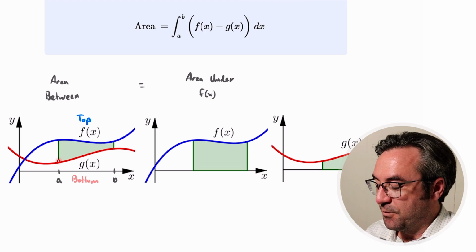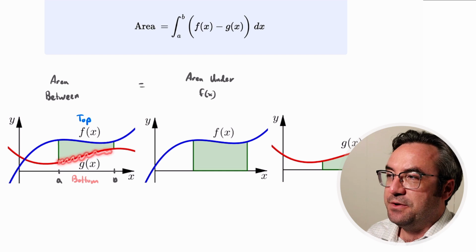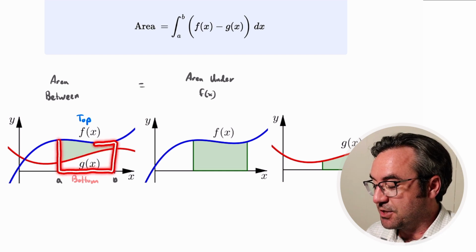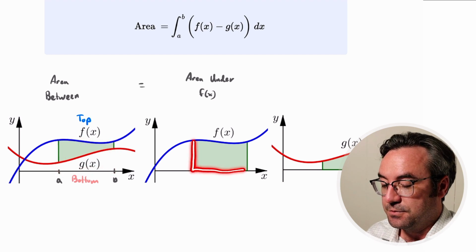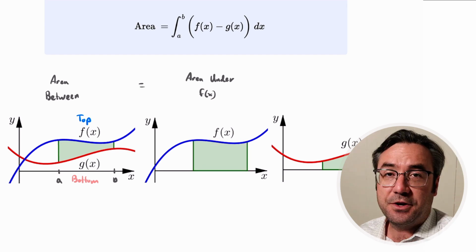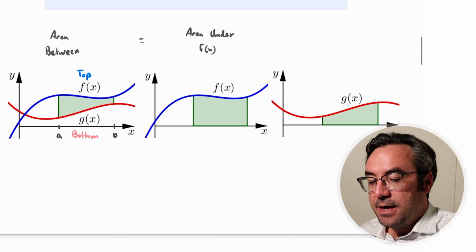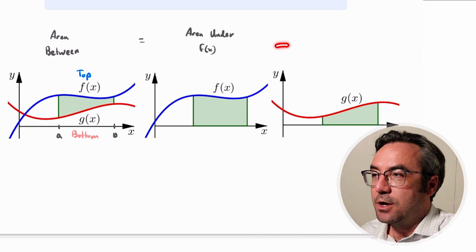So we're going to forget about function g temporarily, and we're just going to look at this region that sits completely underneath f. So there we go. We're going to figure out the area underneath f. And the idea is we're going to cut away.